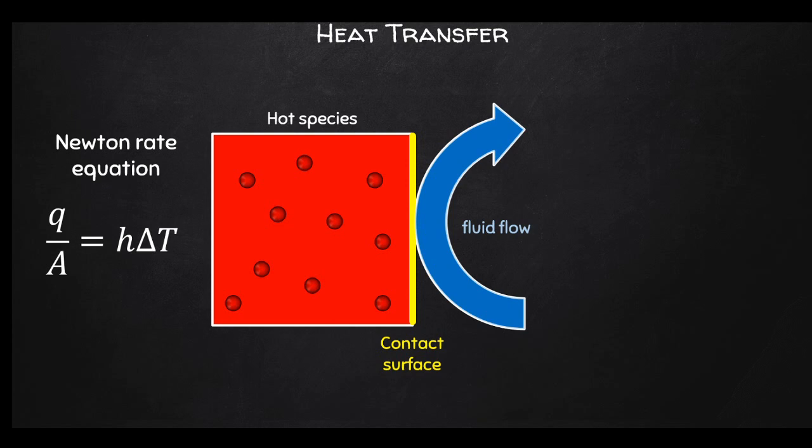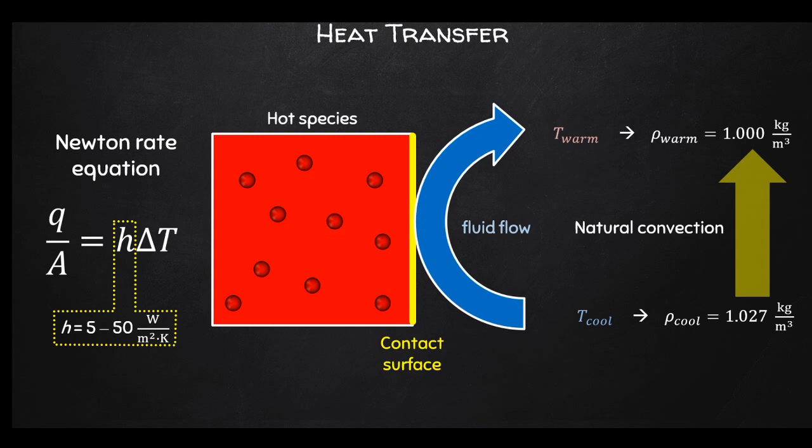Note the h. The h is the convective heat transfer coefficient. So, when we have natural convection and air is the fluid in question, the convective heat transfer coefficient can take on various values between 5 and 50 watt per meter squared Kelvin. And so you can realize that the convective heat transfer coefficient is a function of the velocity of the fluid.